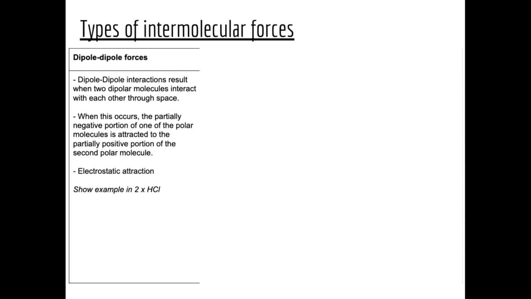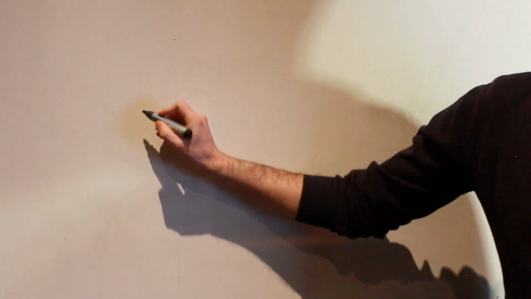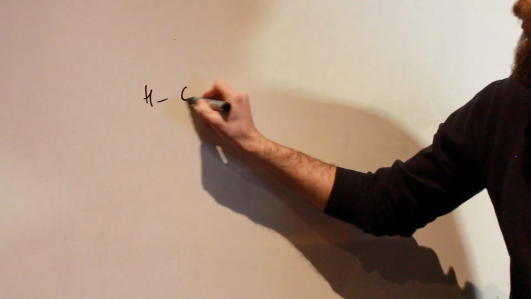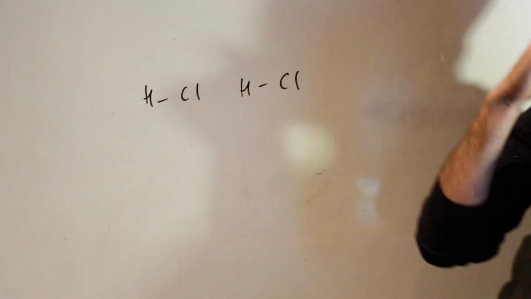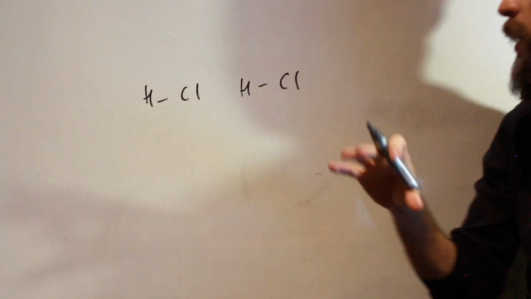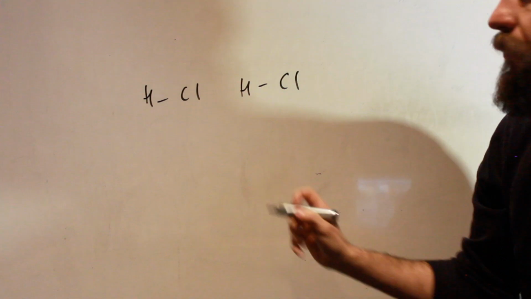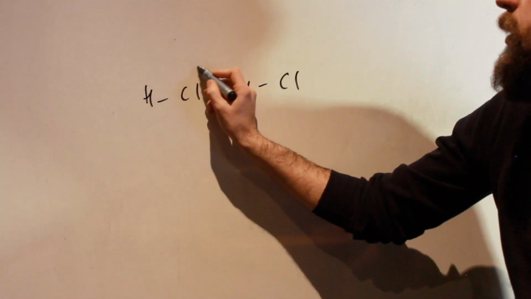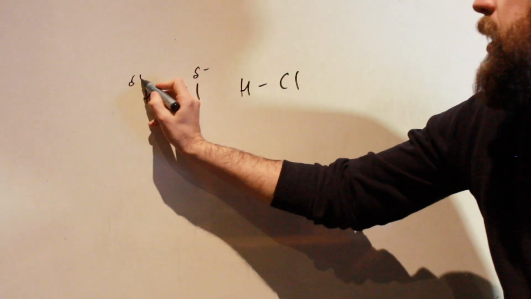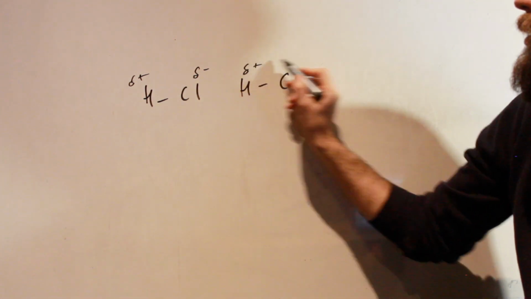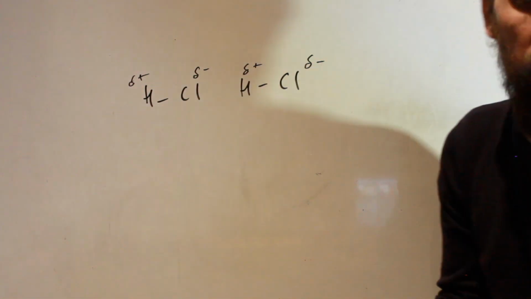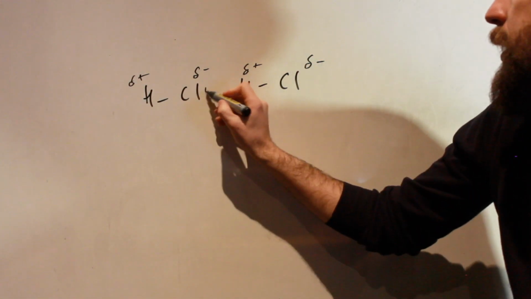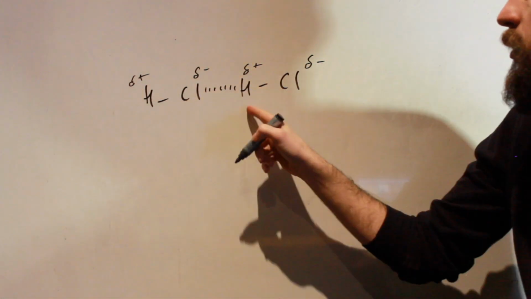So let's look at an example in the case of 2 hydrochloric acid molecules. So I've got an HCl and an HCl, along with however many other HCls exist in, let's say, a little beaker of it. So chlorine is going to be partially negative, hydrogen partially positive, partially positive, partially negative. Quite simply, dipole-dipole forces is just the electrostatic attraction between the delta negative and the delta positive.